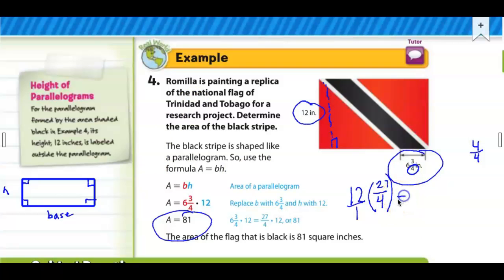So we could actually rewrite this with an equivalent expression as 3 over 1 times 27 over, and then 4 divided by 4 is 1. So all we have to do now is do the computation of 27 times 3. 3 times 7 is 21. 3 times 2 is 6, plus 2 is 8, so 81. And this is how we get the area of this parallelogram.